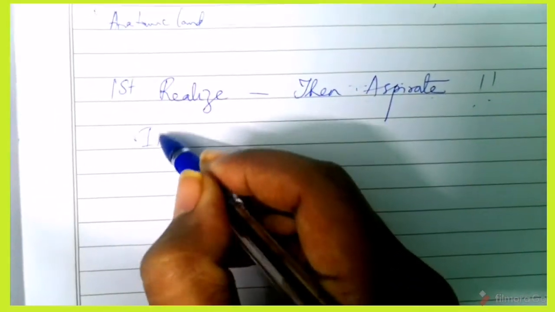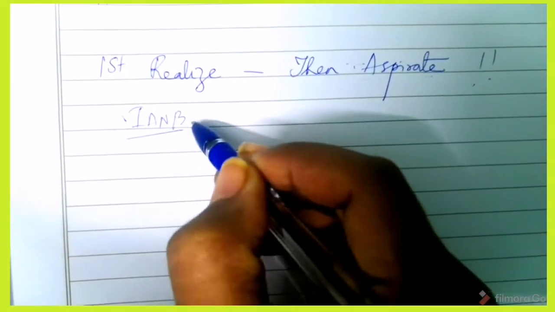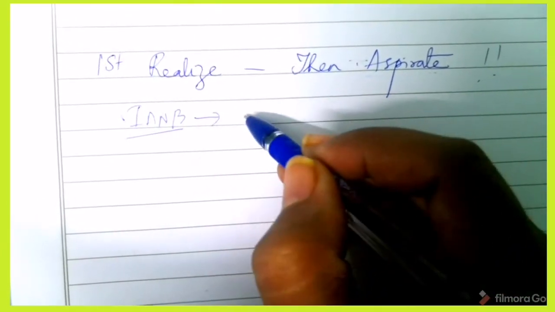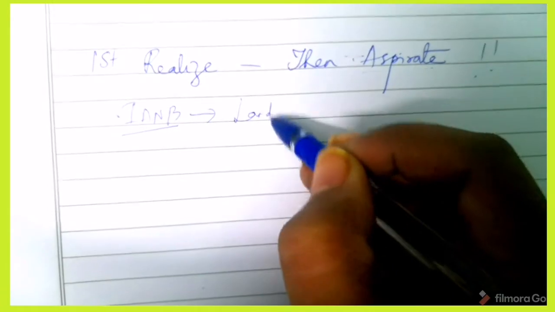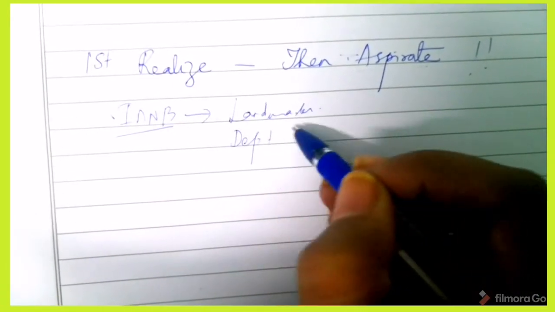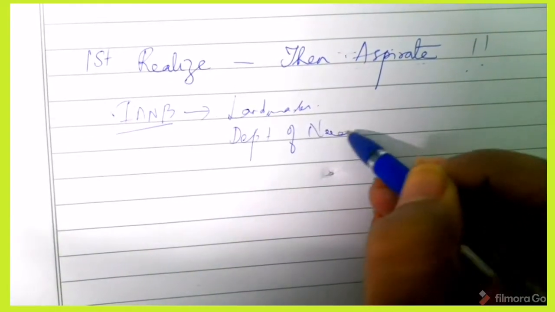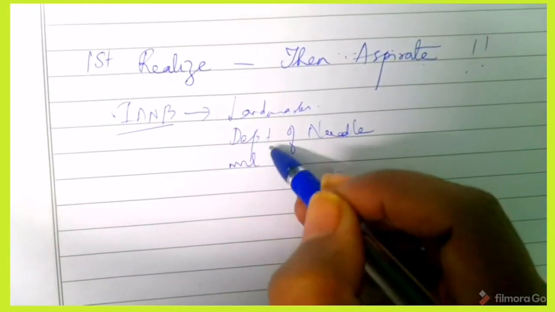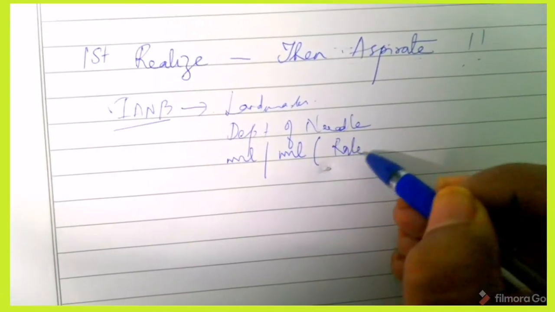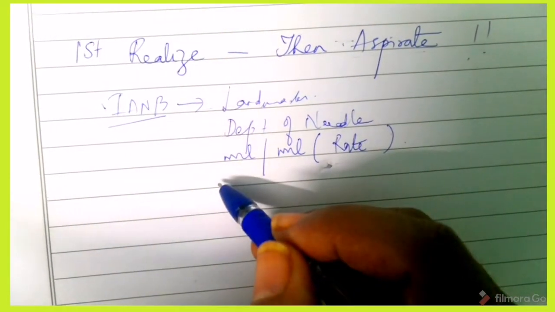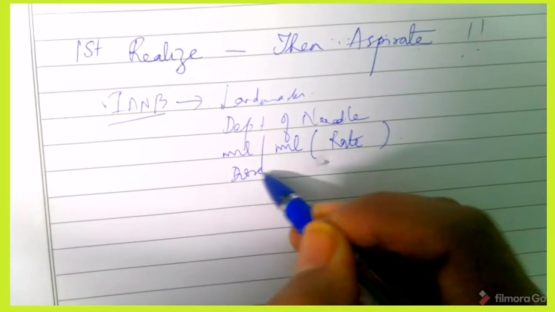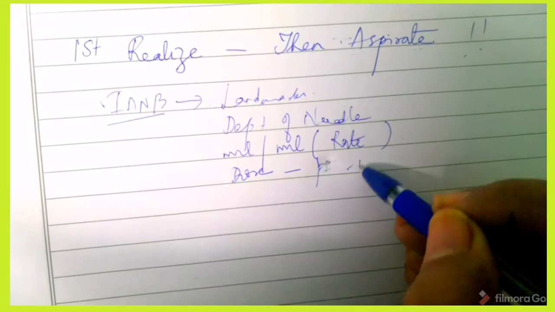For example, if I am considering an IANB, that is inferior alveolar nerve block, in this block you would have learned about the anatomic landmarks, how much is the depth of penetration of the needle, how many ml should be given in a minute, that is the rate of injection, and also how much dose should be given to a patient in a single sitting.